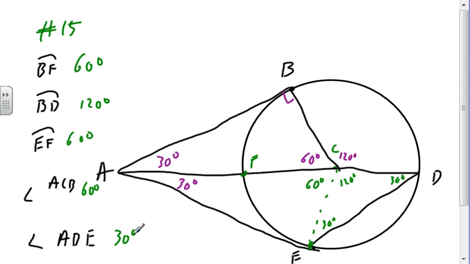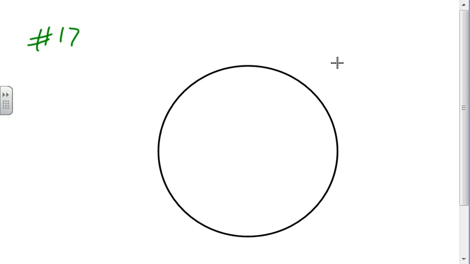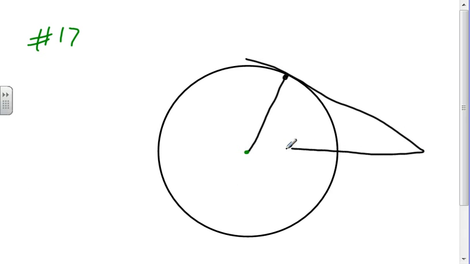All right, well, we will do 17. And so I've got a circle, and I only have two things. I've got the center, and now I have to come out to there on a tangent. I come over to here.